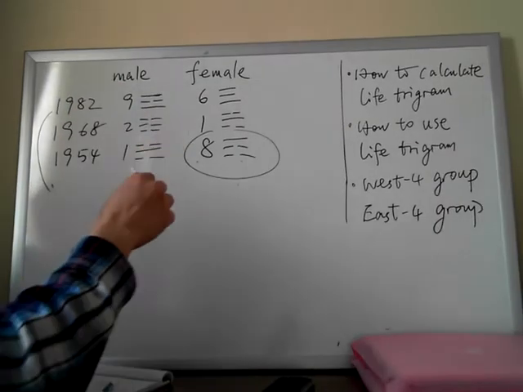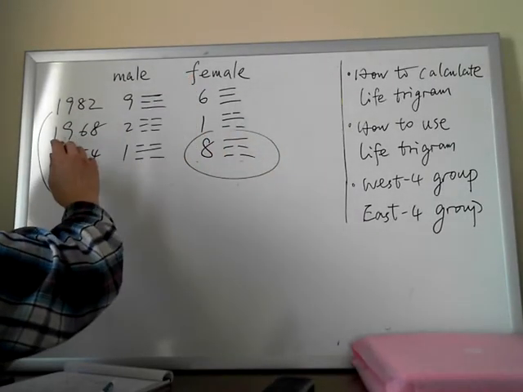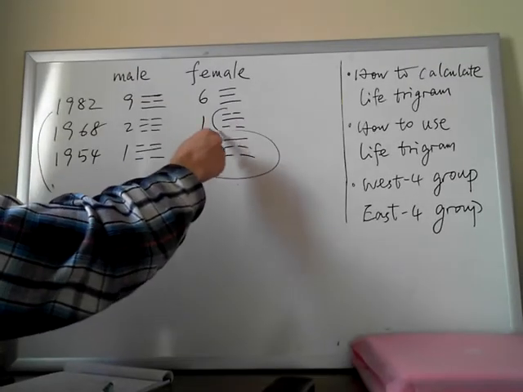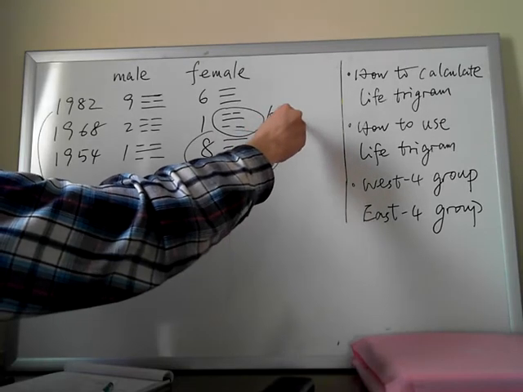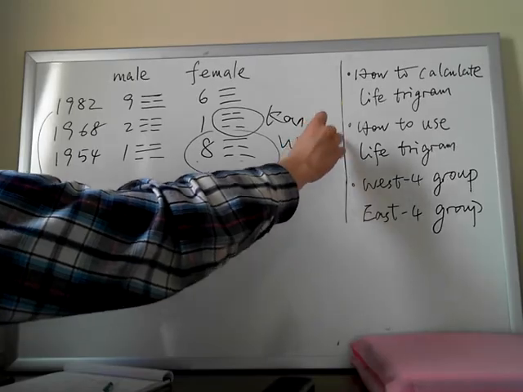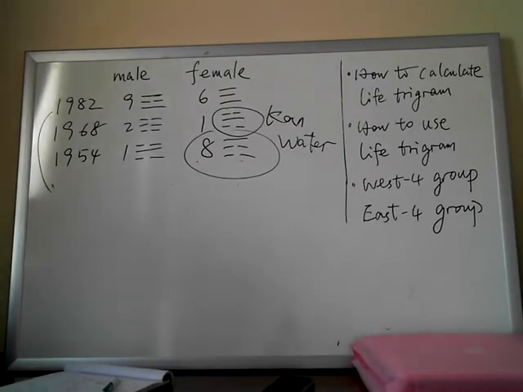So what they would do is they would say, okay, let's say a female born in 1968, the life trigram is can. Can belongs to the water element. So this person is a water, and water usually represents wisdom. So this person must be a very wise person, and also might be smart and easily adapt to new environments. Blah blah blah.